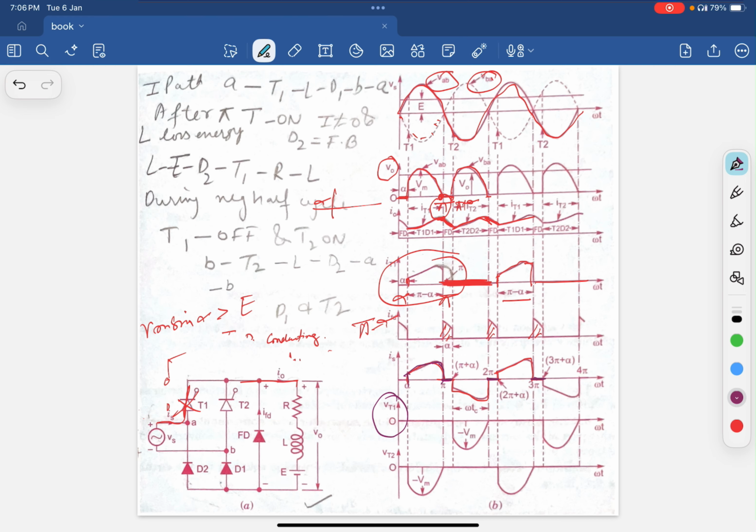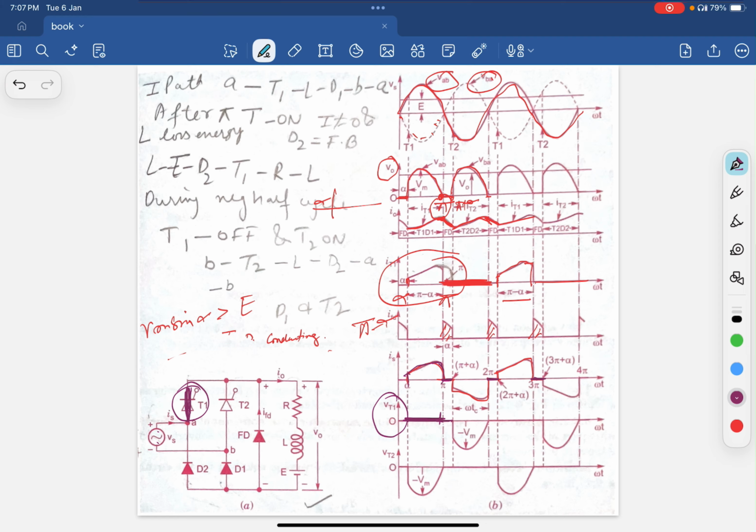Now the voltage across the thyristor T1. The thyristor was conducting in the positive half cycle, so it acts as a short. That is why there is no voltage across the thyristor. Also from pi plus alpha the freewheeling diode was conducting.